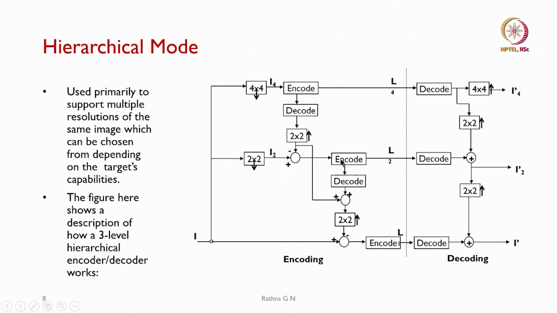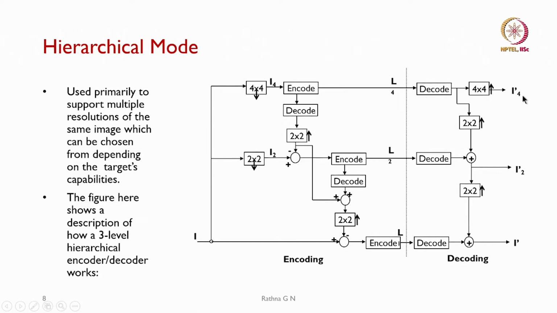The next level is passing this through the encoder and decoder, then adding the 2 by 2 you have, and calling it the 2 by 2, and this will be passed on to the third level. This will be subtracted with respect to the original I, then encoded and called L. Again at the decoding place, you decode these 3 levels of the encoded message.